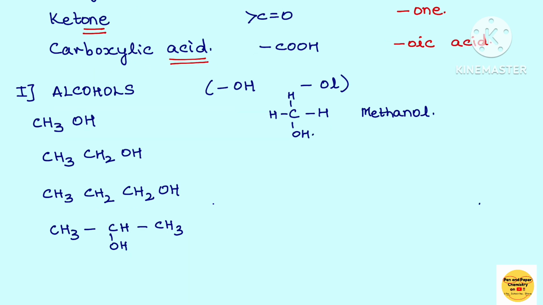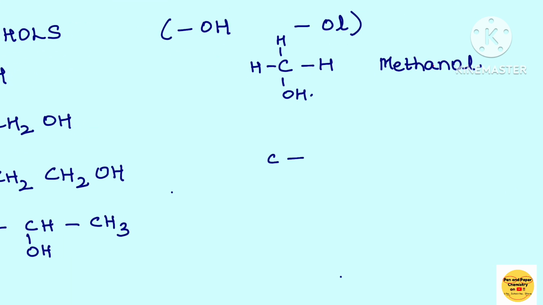CH3CH2OH. Now, if you want, you can expand it and write it like this, CH3CH2. So H, H, H, H and then OH. Try naming this compound. You have to, first of all, number the carbon chain. Now, what rule are you going to apply? Do you recall what we did when we started naming the organic compounds?